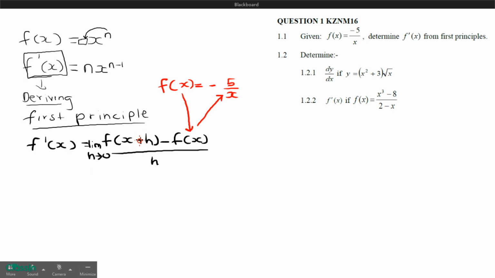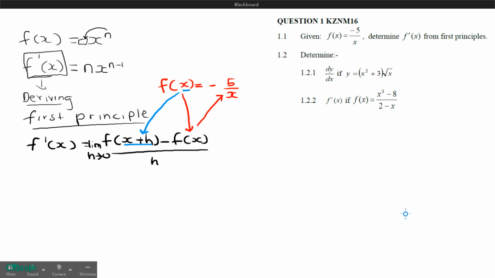And then in place of this variable x, we can now substitute x plus h. So that will give us the formula for f prime of x.